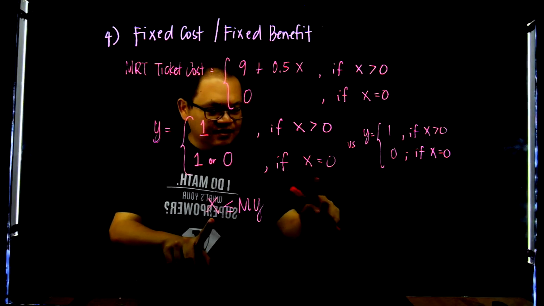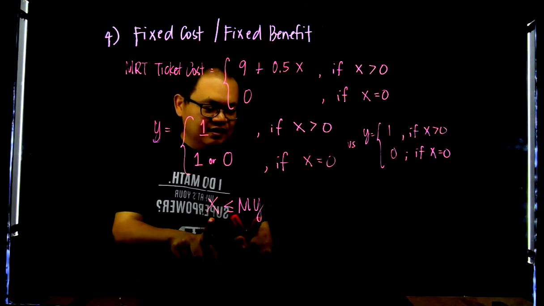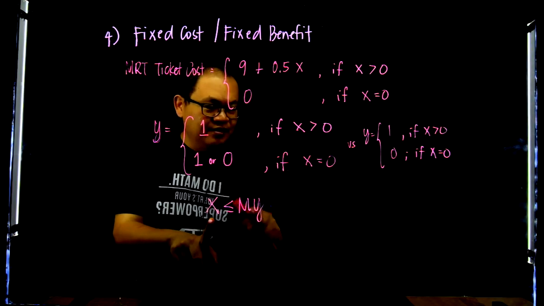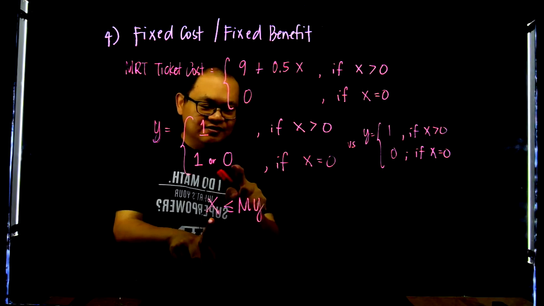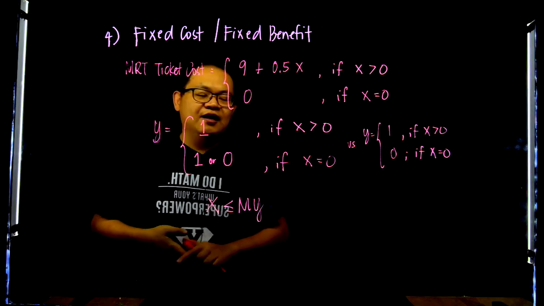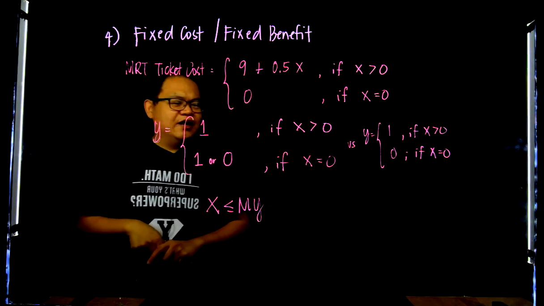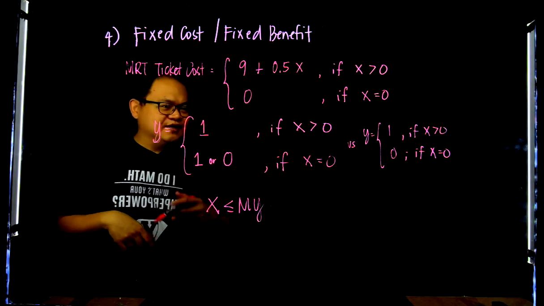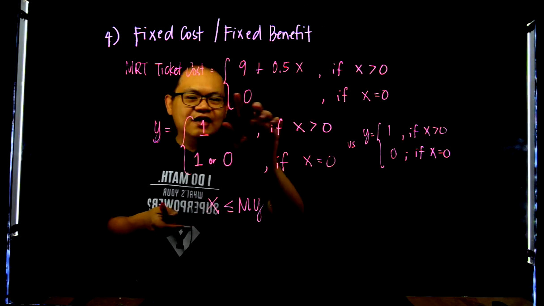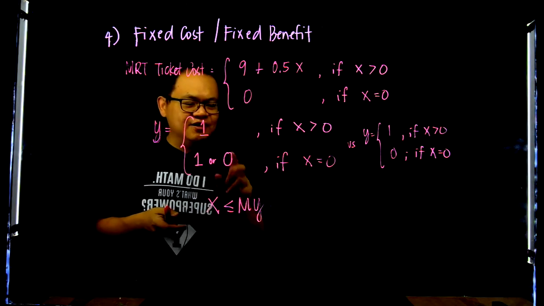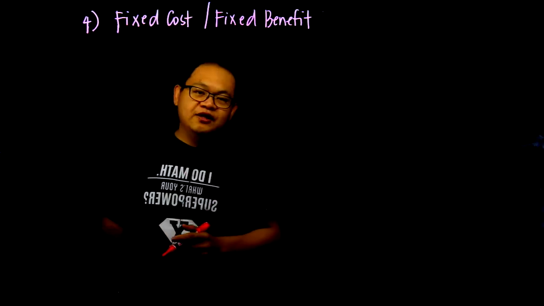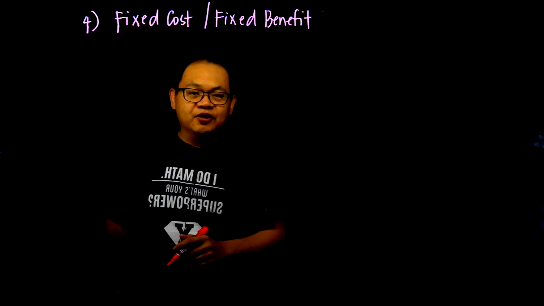However, if x equals 0, if this is 0, then y can be 1 because 0 is less than or equal to m, or y equals 0 because 0 is less than or equal to 0. And that is how we try to understand the concept of mortal sin, and why defining your binary variable in a way to show mortal sin will actually help you understand this constraint that is added. Hopefully now you understand the concept of mortal sin.